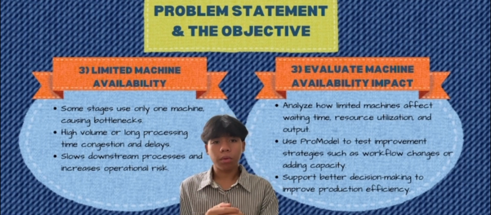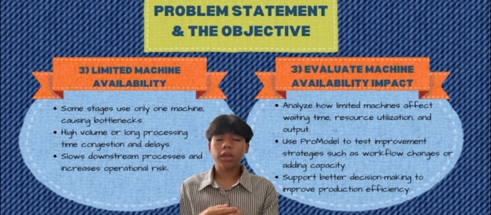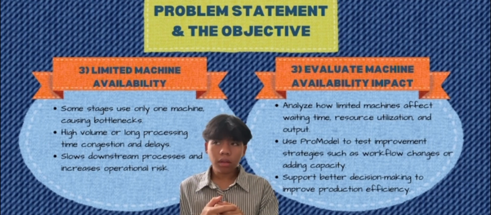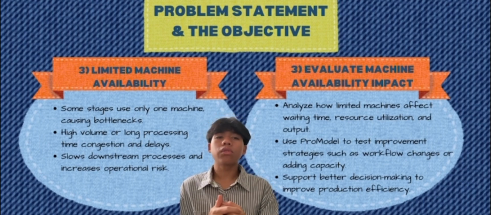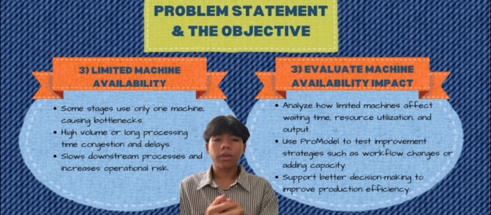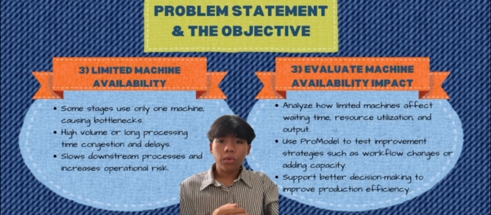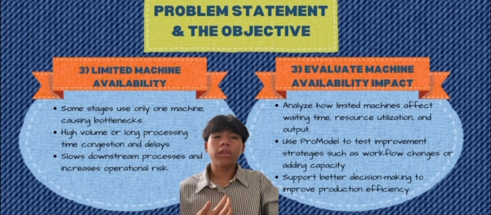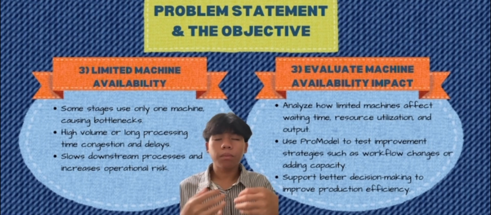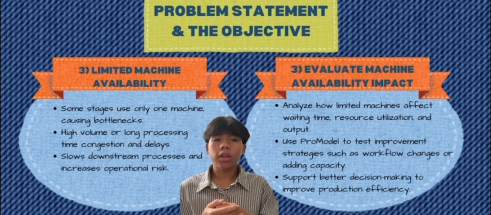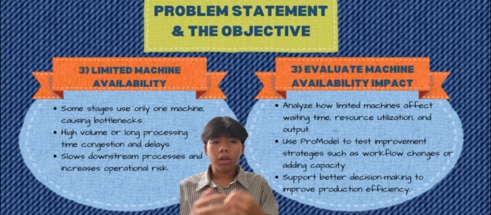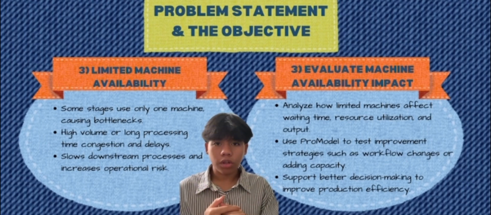Next, I will explain the objective of this study. The main goal is to evaluate how limited machines influence waiting time, resource utilization, and also the production output. We use ProModel simulation to test possible improvement strategies.